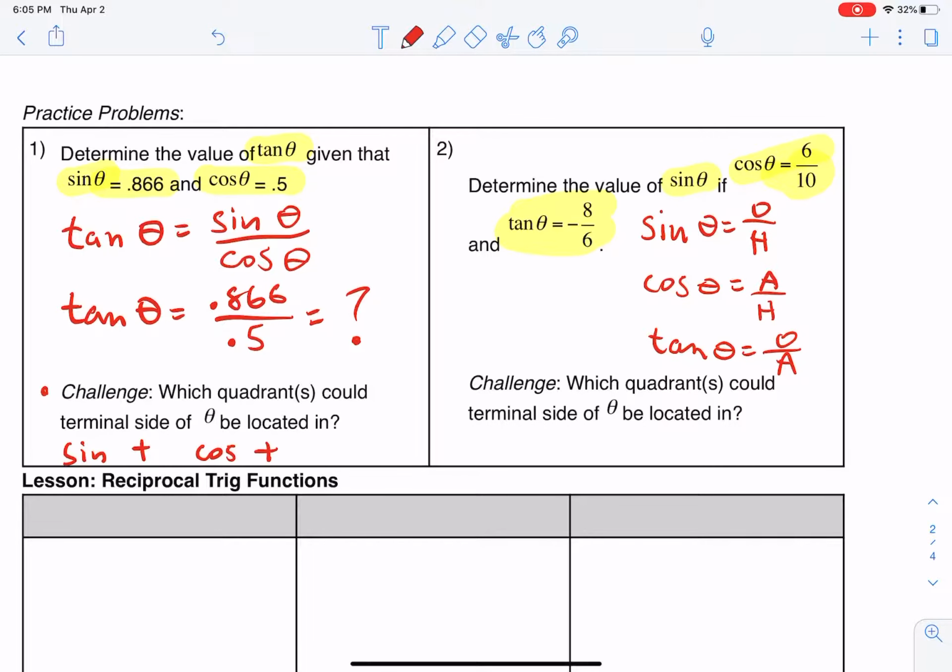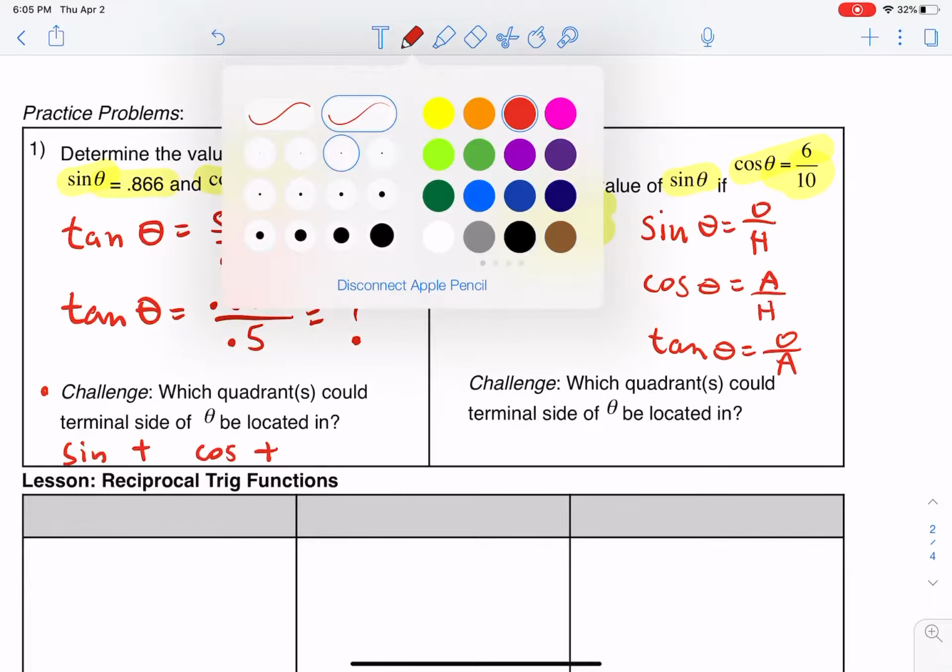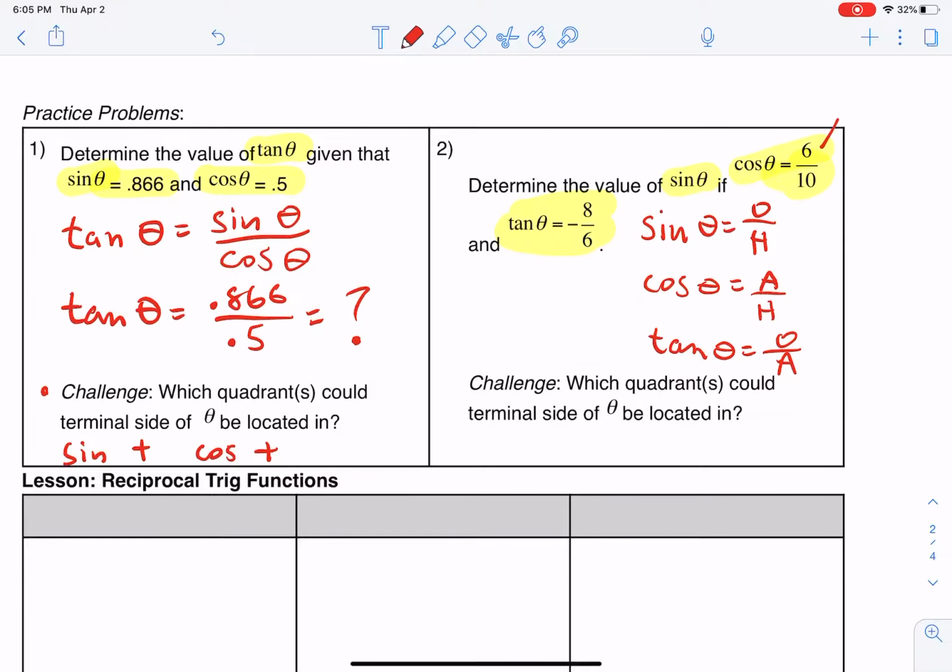Well, given what we have in this problem, what does 6 represent? Well, that represents my adjacent side. What does that 10 represent there? Yep, that represents my hypotenuse.